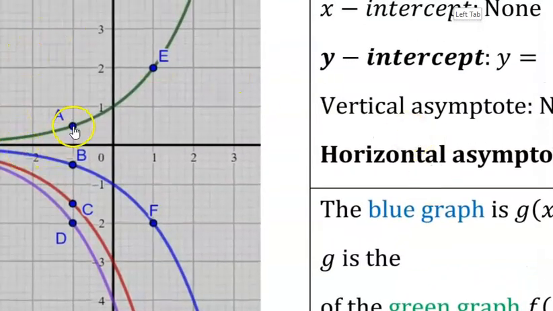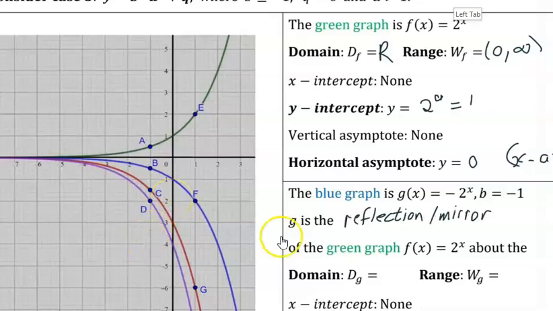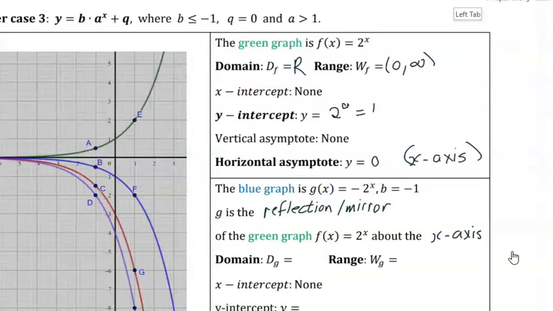I see from A to the x-axis and from the x-axis to B is equidistant, and the same there from E to the x-axis is 2 units, and from the x-axis to F is 2 units. So this blue graph G is the reflection or mirror of the green graph f of x equal to 2 to the x about the x-axis. It is just a reflection.